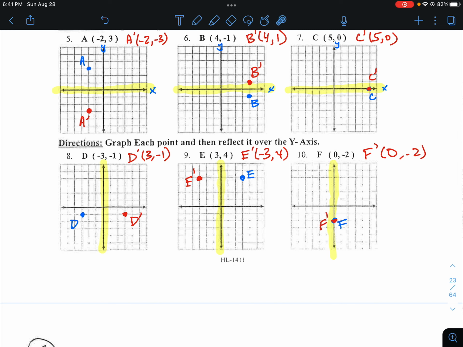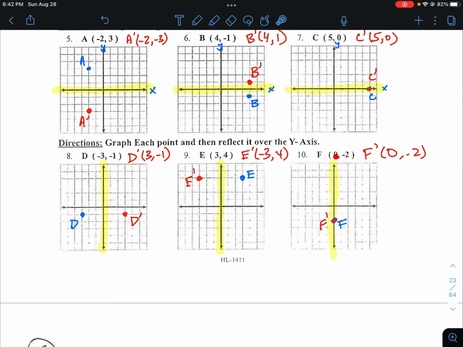So something you may notice is that when you're reflecting off the y-axis, the first number changes. It goes from negative 3 to positive 3, the sign flips, but the second number stays the same. The y number is still negative 1. Let's look at E. See, 3 turns to negative 3, but 4 stays 4.